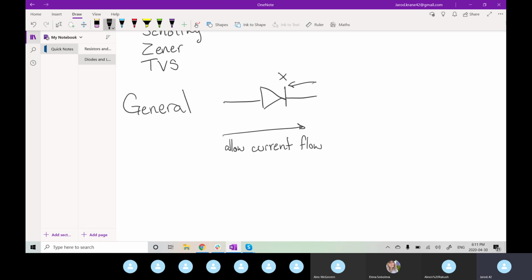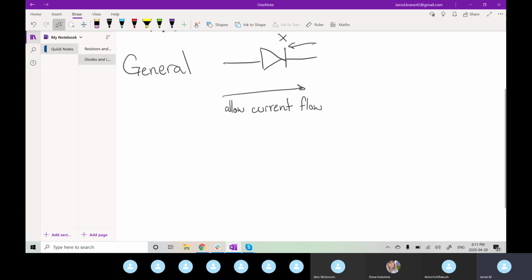This is good for simple reverse protection systems, where you want your normal operation to have current flow coming in, so you would place a diode like so, and then the rest of your circuit.